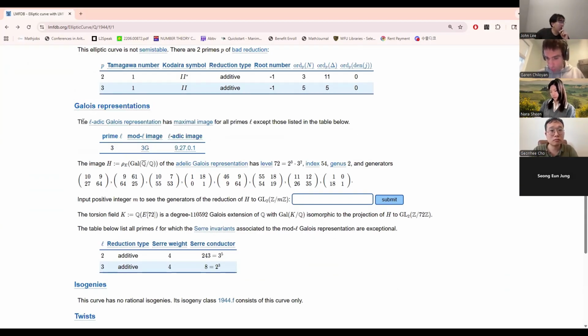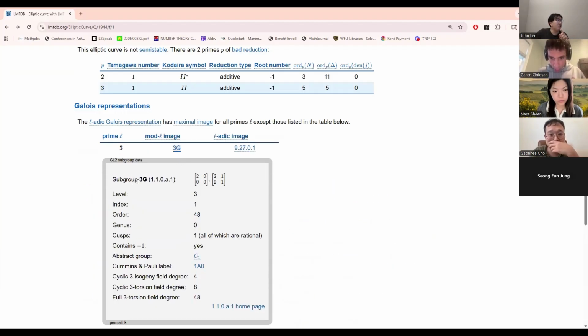Here, the L-adic Galois representation has maximal image for all prime numbers except for the table below. This means, except for 3, any L-adic Galois representation is surjective. So 2-adic, 5-adic, 7-adic, they're all surjective, except for 3. But it says mod 3 image, so rho 3, that's a 3G, and actually this one is the full group.